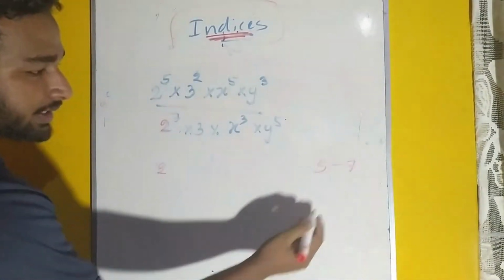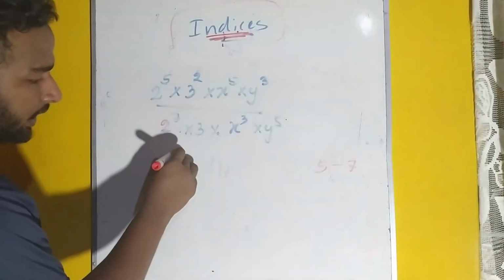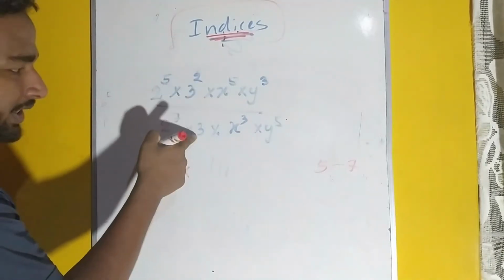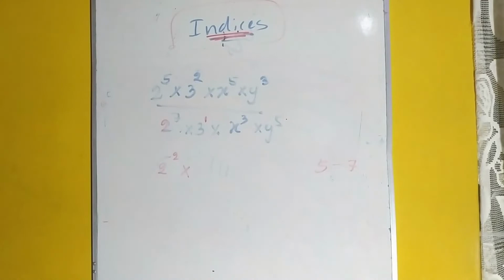5 minus 7, you see, 7 minus 5 is 2, then 5 minus 7 should be minus 2, into, in this 3 to the power 2, here 3, just 3 means what? The power is 1, 3 to the power 1.